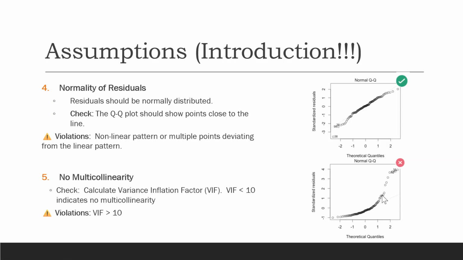And then the last assumption is that there is no multicollinearity. Collinearity just means that our predictors are correlated. They're related to one another.